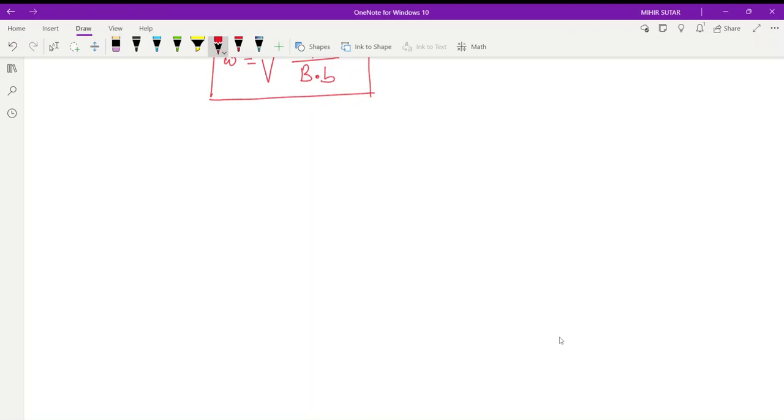Okay, now let us solve a few examples. Let's say, first example.